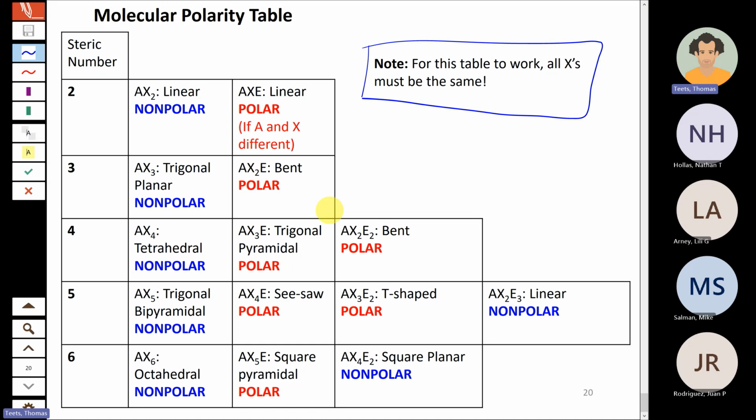The test questions are going to be focused on whether it is polar or nonpolar. Professor Larson managed the test questions, so he would know more than I would, but I don't think they've changed much from year to year. Even this year, when we've gone to WebAssign, we've kept the test questions pretty much the same. In the past, that was the distinction: is it polar or nonpolar, not so much the direction of polarity.